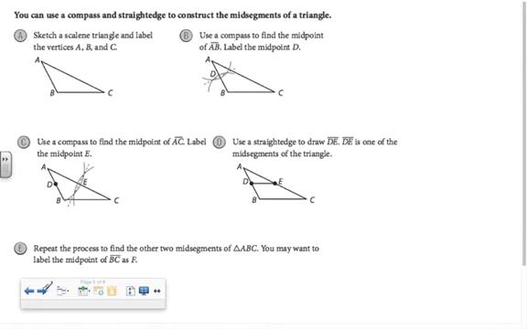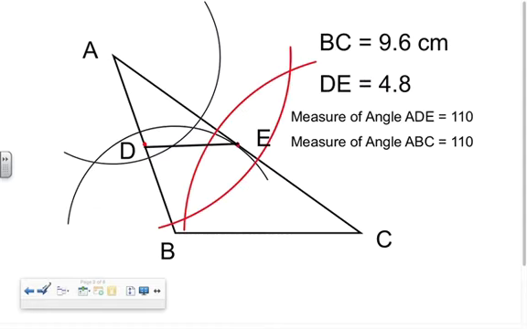So in this activity, they want you to construct the midsegments of a triangle. And in order to do that, you need to find the midpoints of two sides, which means you need to sort of do the perpendicular bisector construction of two sides. And the reason why I say sort of is if you look at this screen where I have done those constructions, you see that I actually didn't draw the perpendicular bisector.